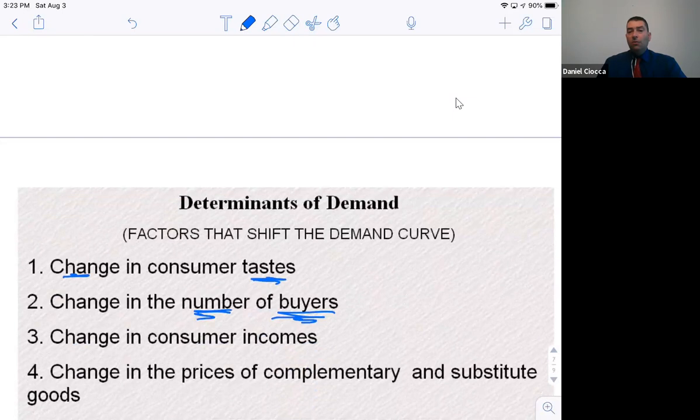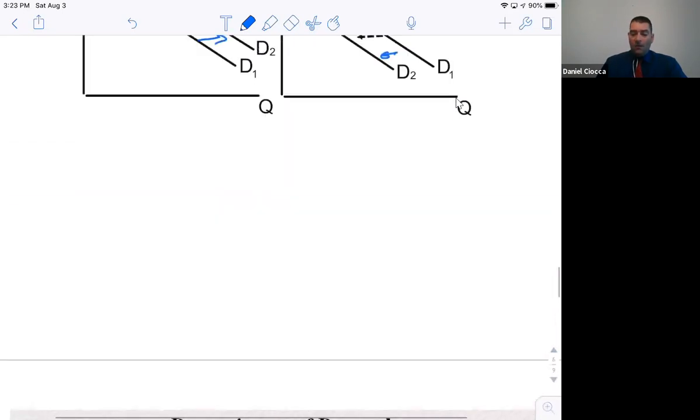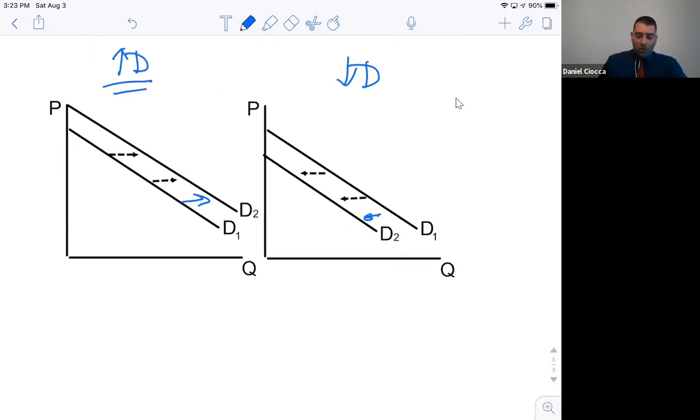Okay, number three, change in consumer income. Well, common sense tells you that if consumers have more income, and in economics we use the letter Y to represent income. Why? I don't know, we just do. So, generally speaking, when consumers are doing well and have more income, the demand for most goods and services increases.